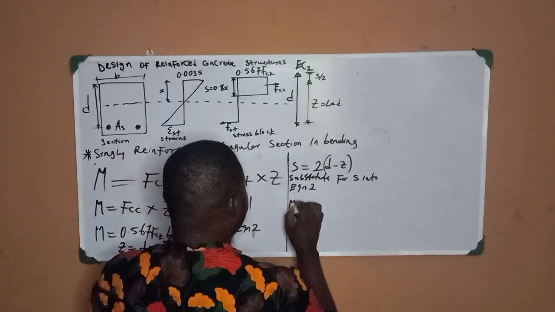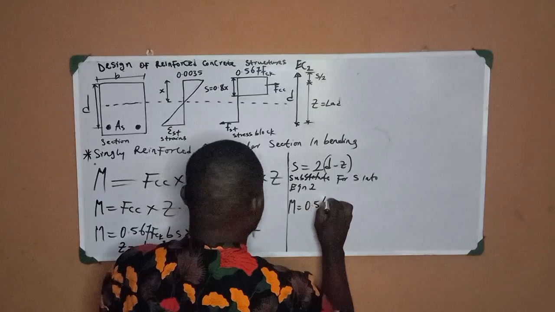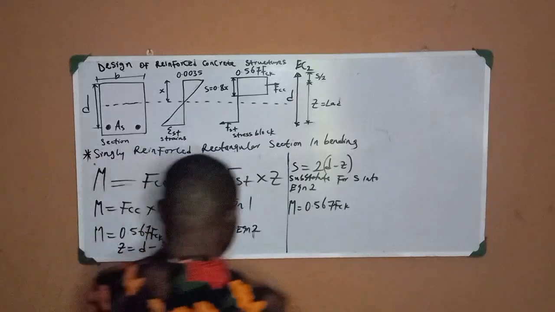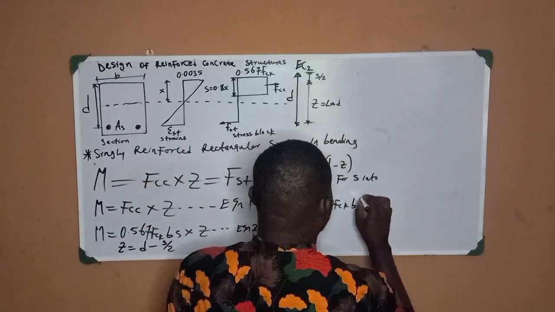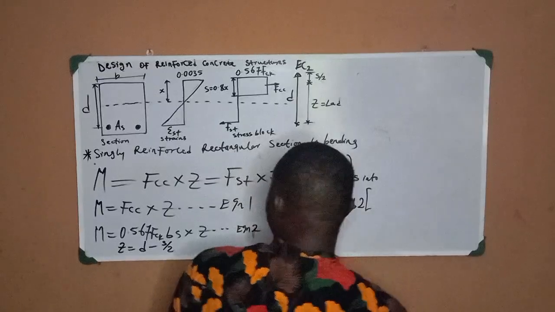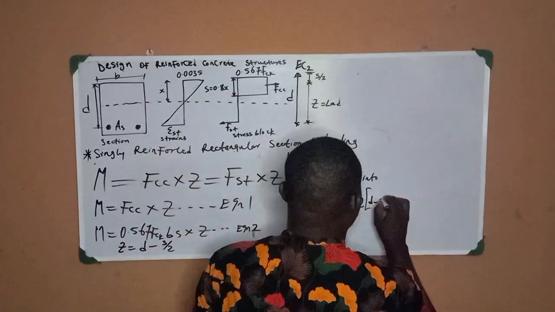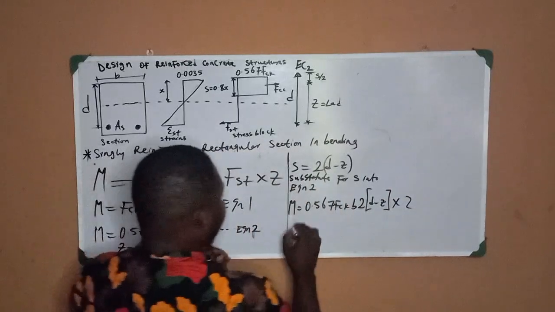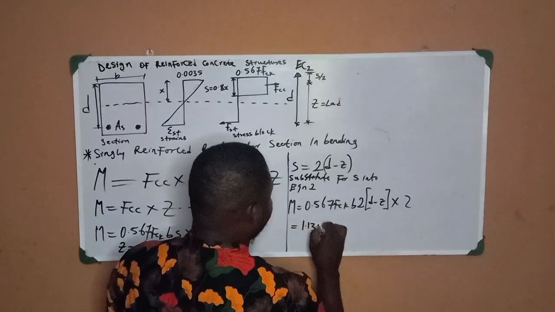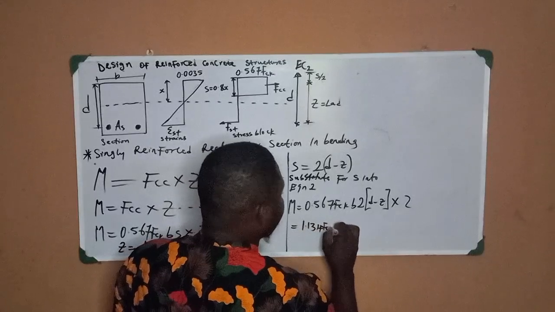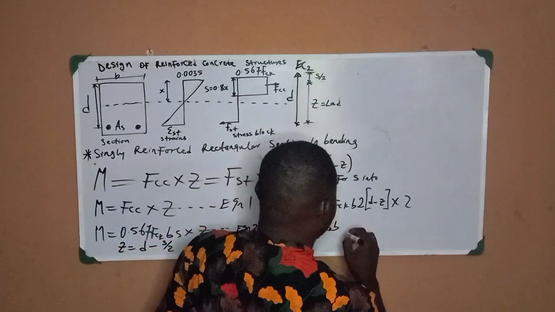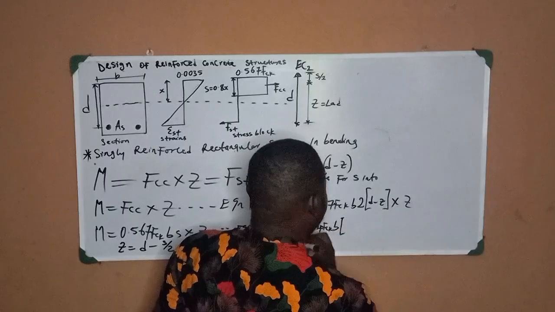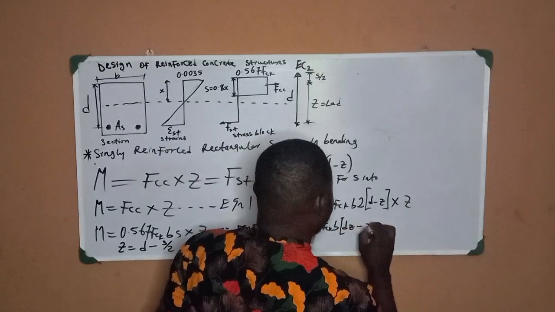And I have that my M is equal to 0.567 FCK B, then 2 into D minus Z, multiplied by Z. So by the time you strike out, I have 1.134 FCK B into dz minus z squared.